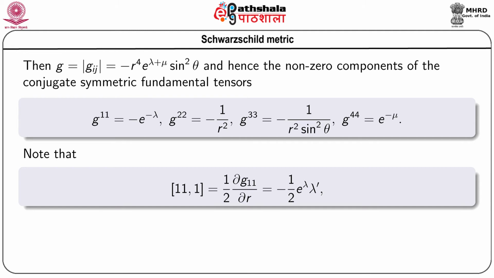So, here the Christoffel symbol of first kind, that is 11 comma 1, is coming to 1 by 2 del g11 by del r, and if we take the partial derivative of g11 with respect to r, then it is coming to minus 1 by 2 e to the power lambda lambda dash, where this dash denotes the differentiation with respect to r.